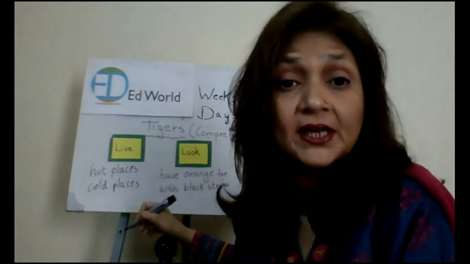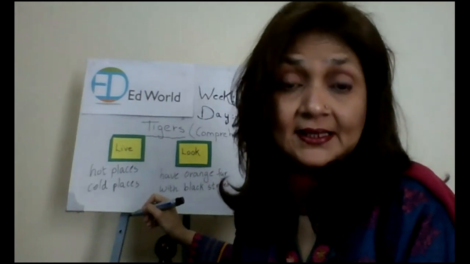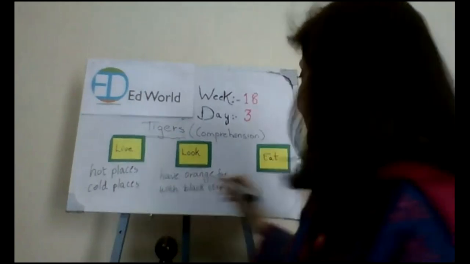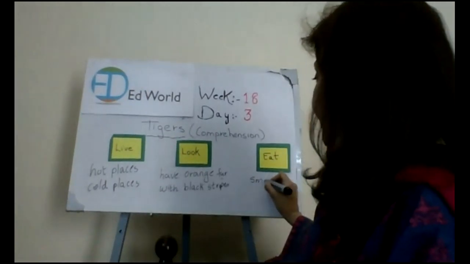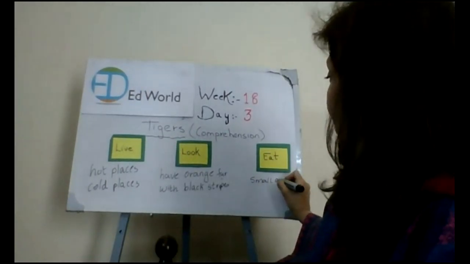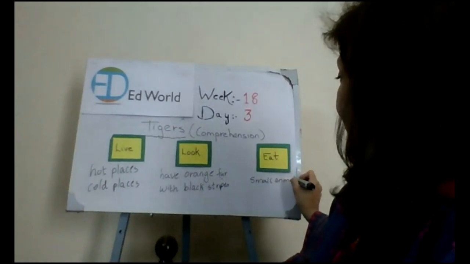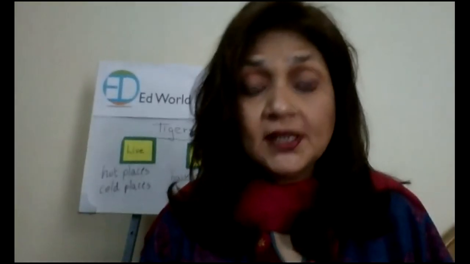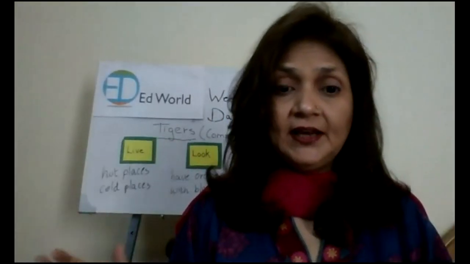Okay. Now what do they hunt? What do they eat? They eat small animals. They like to catch deer, right? They eat small animals and deer. So this was the information that we have gathered from the text.